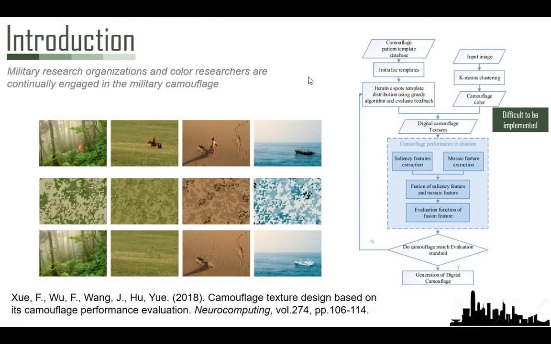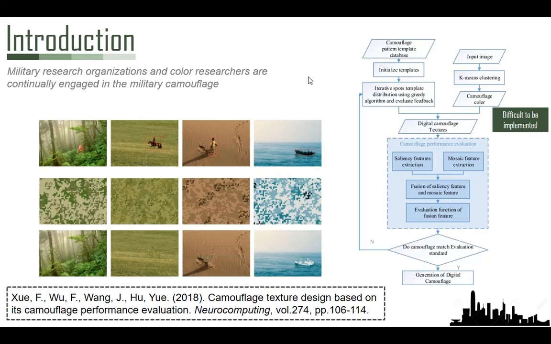There are many studies about military camouflage. For example, this study tried to construct or generate a new color and pattern based on the selected background. The result is quite amazing because we can see that the concealment is pretty good.